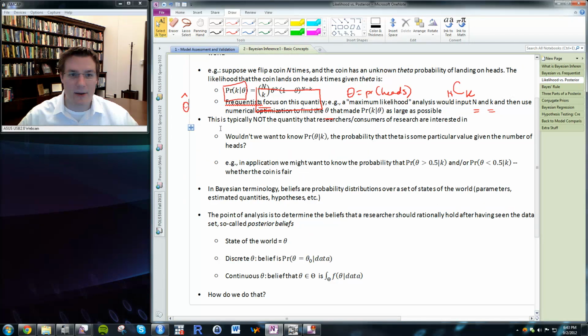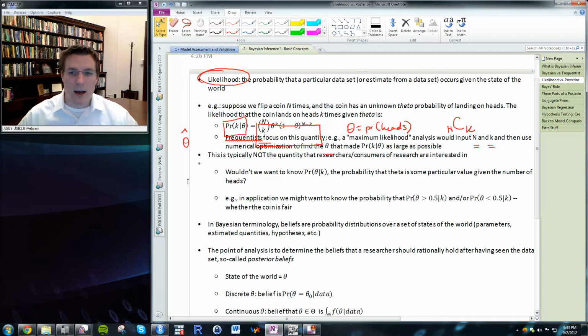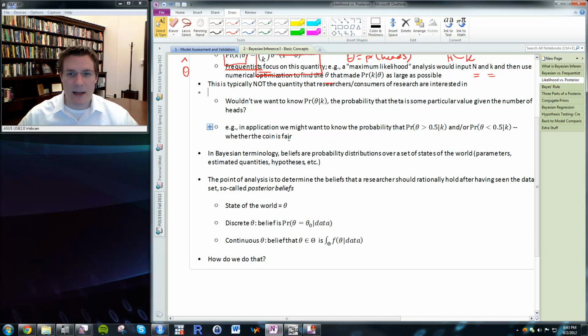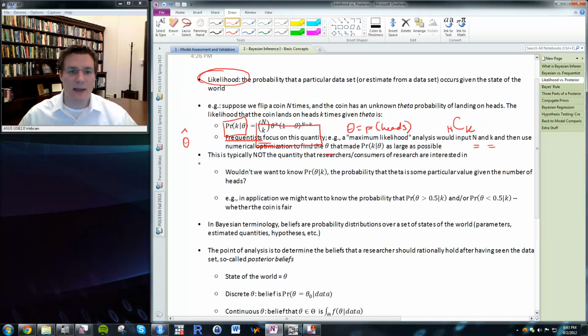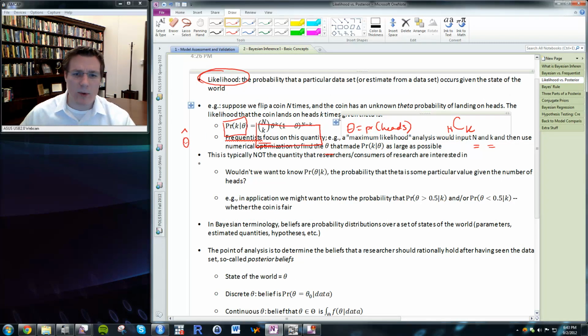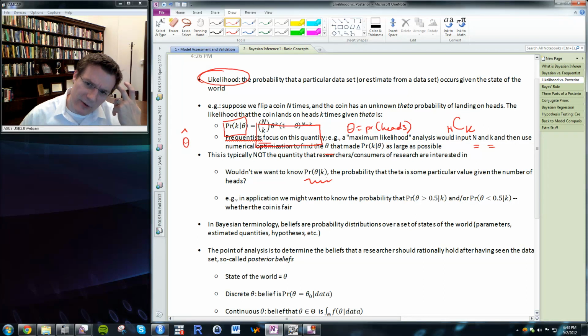That's what a maximum likelihood analysis is. The only trouble is that that's not often what researchers are really interested in. Why do I want to know the probability that k heads occurred given some state of the world? What I really want to know is what's the probability that the state of the world is something given the number of heads I see?